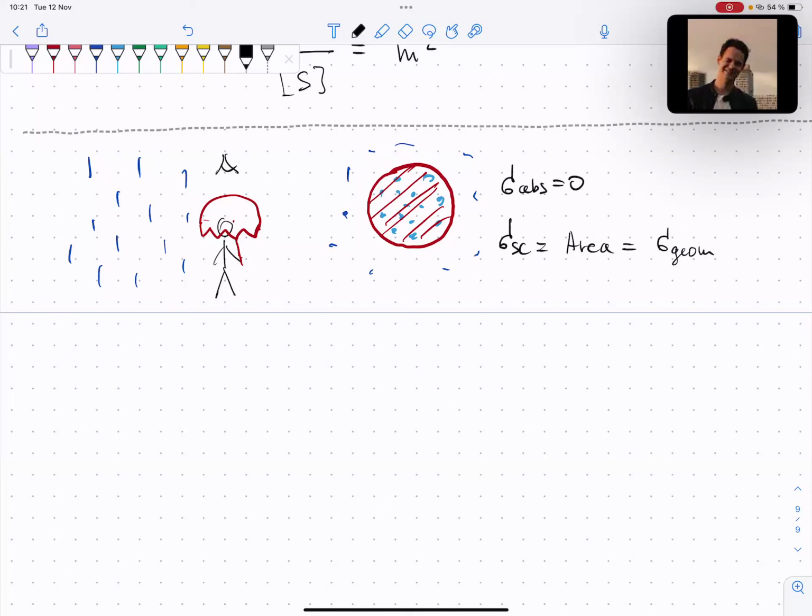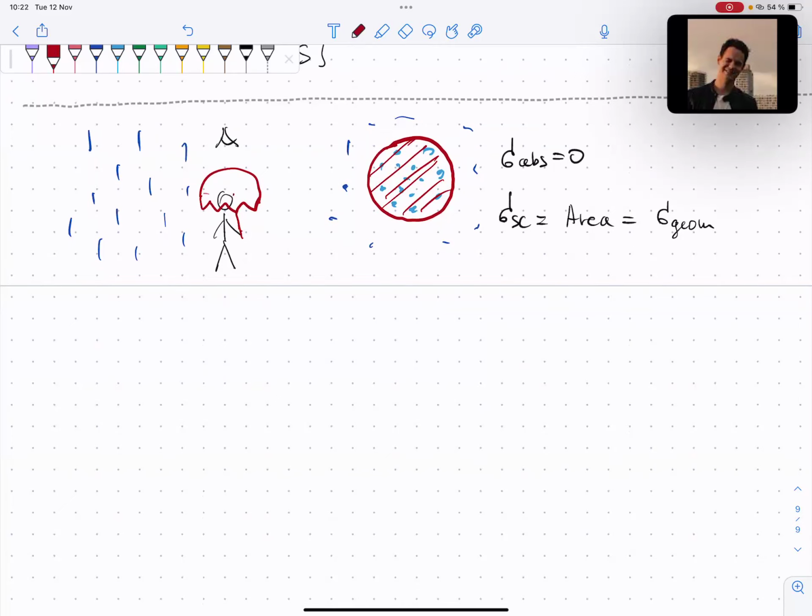So the scattering and absorption cross sections basically give us the effective area. For example, in the case of the absorption cross section, suppose we have some strange umbrella, something like this. But on the top of the umbrella we have a small cup, and when rain is falling into this cup, it stays here.